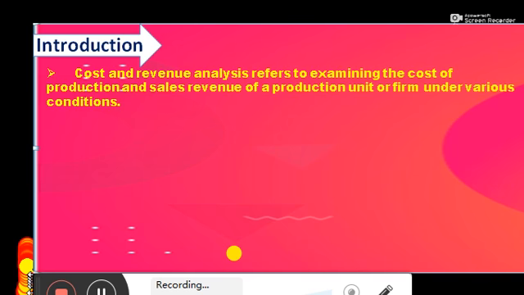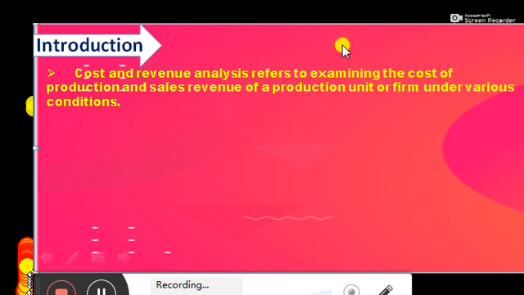So cost and revenue analysis refers to examining the cost of production and sales revenue of your production unit.